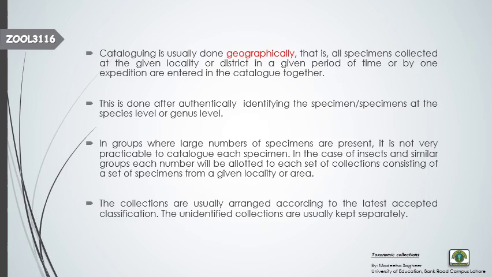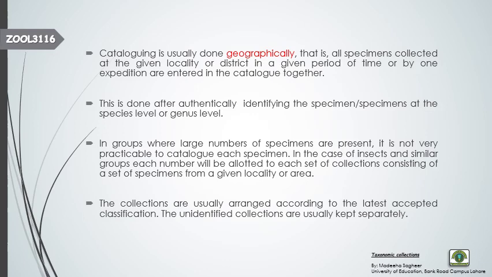What we do is give a number to a group of collections. In groups where a large number of specimens are present, it is not practicable to catalog each specimen. In the case of insects and similar groups, each number will be allotted to each set of collections, not individual specimens, consisting of a set of specimens from the given locality or area.